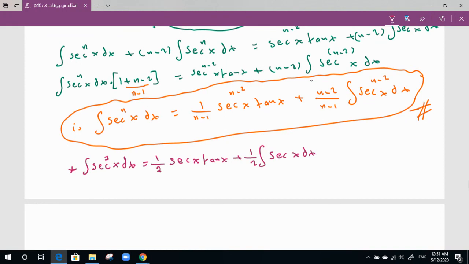Now, the integral of secant x we know from before, so it's half secant x tan x plus half ln absolute value of secant x plus tan x plus c. That's it.